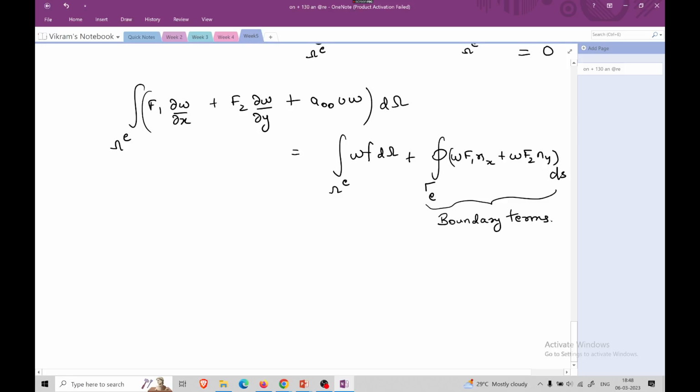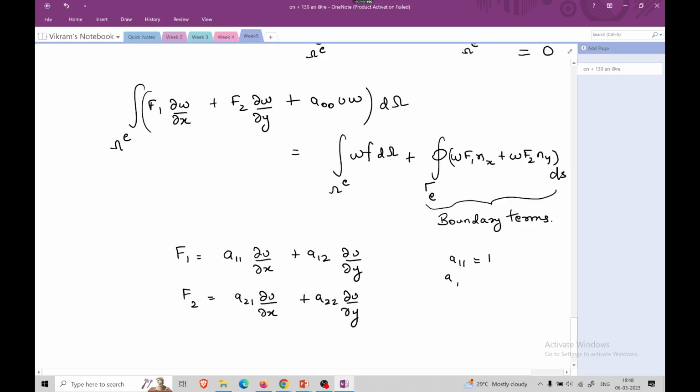Okay, so recall what F1 and F2 are. F1 was A11 dou u by dou x plus A12 dou u by dou y. F2 is equal to A21 dou u by dou x plus A22 dou u by dou y. So let us now substitute. A11 is equal to 1, A12 was 0, A21 again is 0, A22 is equal to 1, A00 is equal to C, and f is equal to 0.